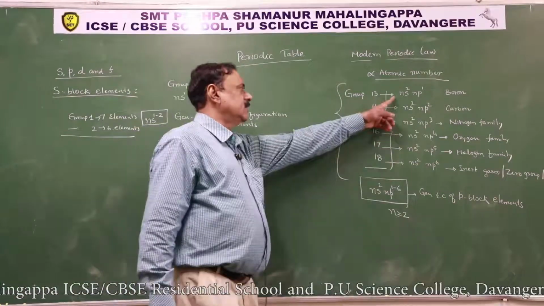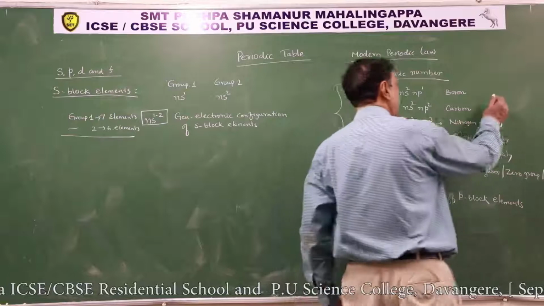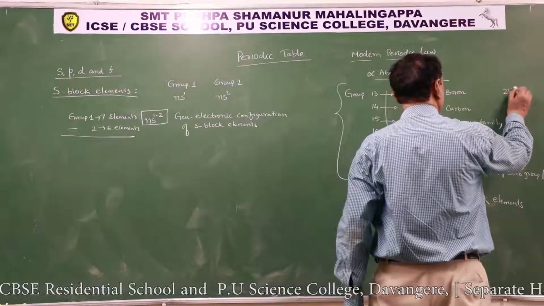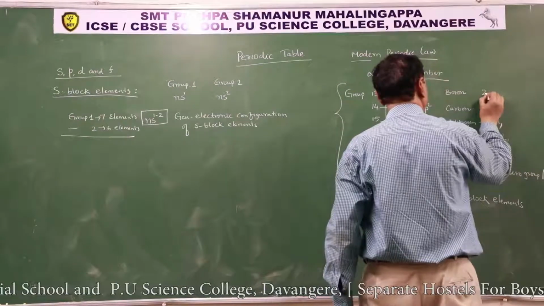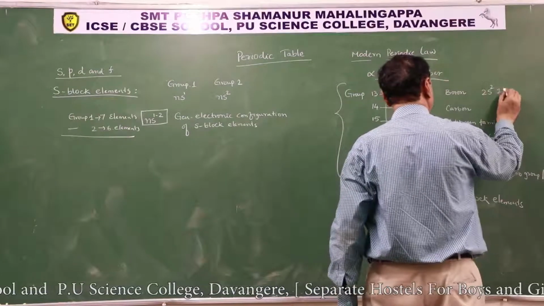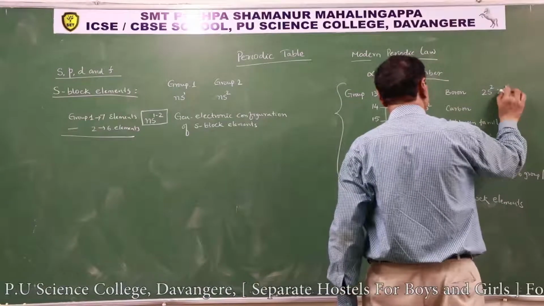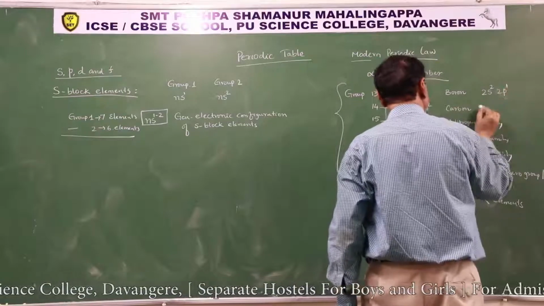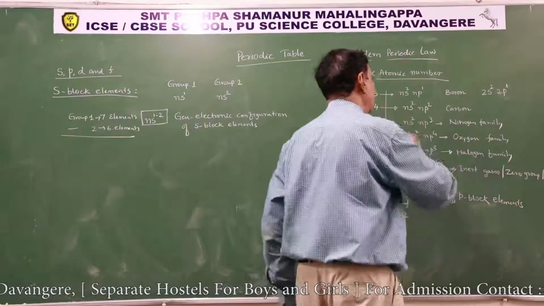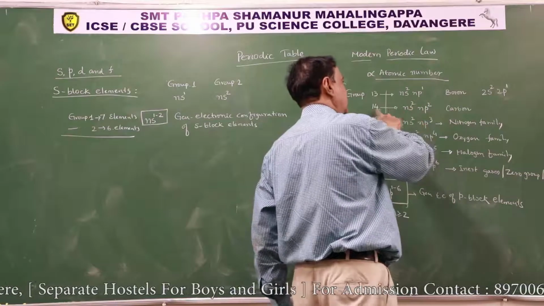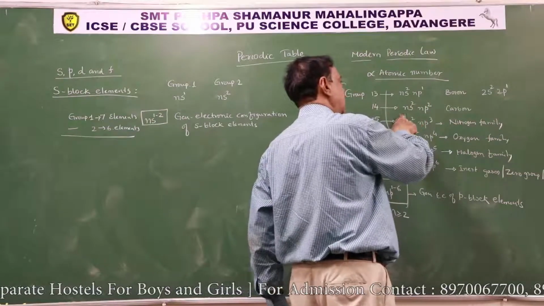Because here, starting from boron, it has 2s2 2p1 configuration. When it comes under the third, that is ns2 np2.